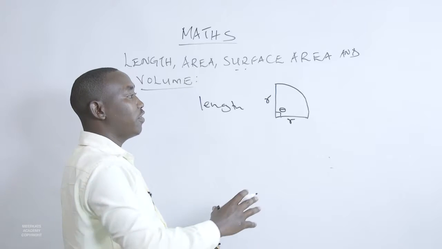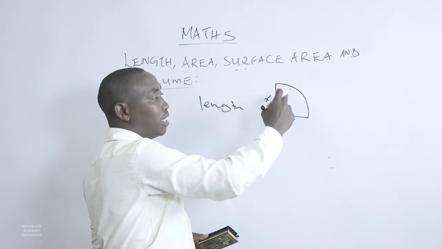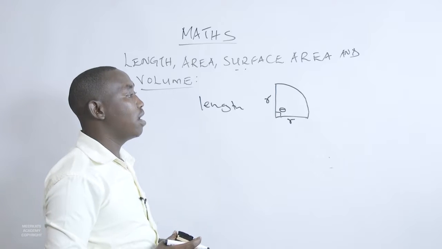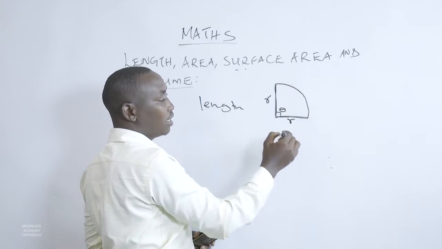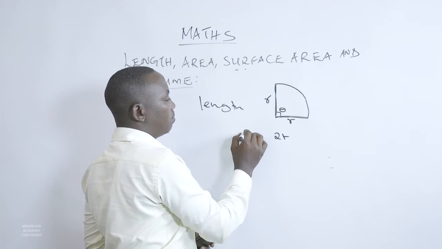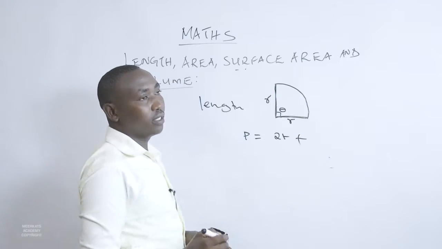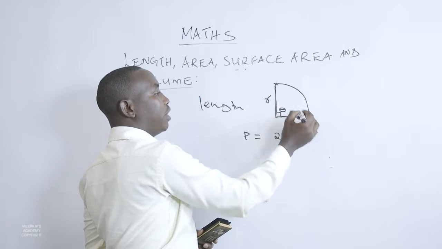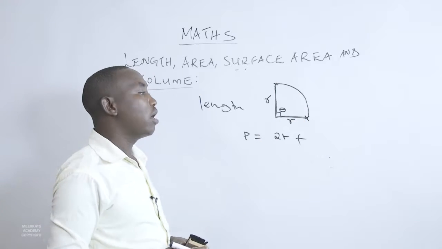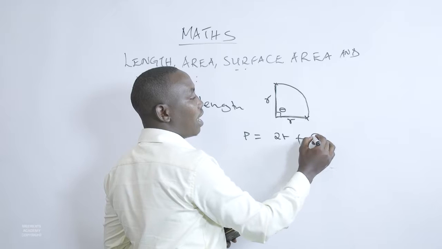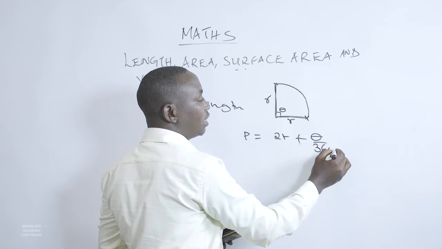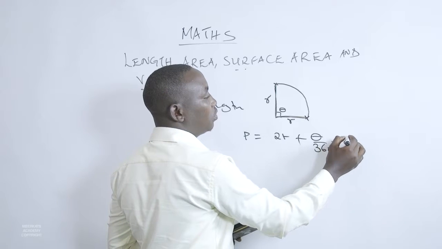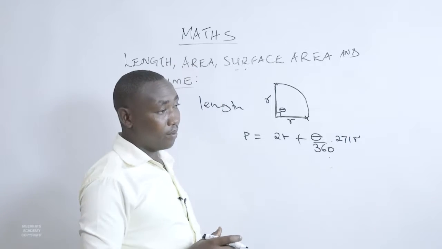Then to find the perimeter or the distance around this figure, you must take into account these two radiuses plus the distance from this point to this other point, which shall be given by the angle divided by the total angles, which is 360, multiplied by 2 pi r.